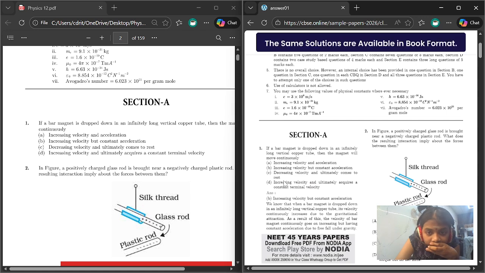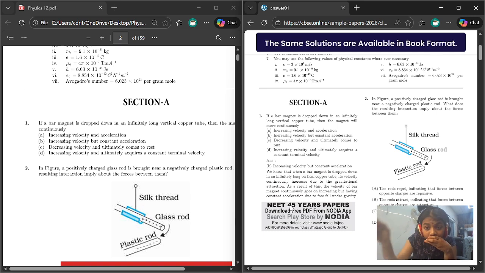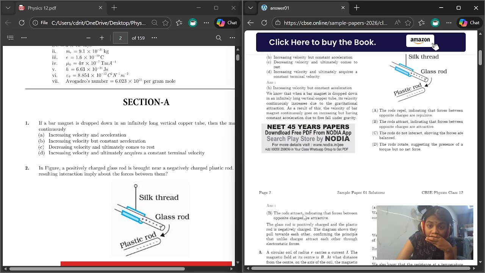The answer is it will increase velocity but with constant acceleration. We know that when a bar magnet is dropped down an infinitely long vertical copper tube, its velocity continuously increases due to the gravitational attraction. As a result, the velocity of the bar magnet continuously goes on increasing, but with constant acceleration due to free fall under gravity.